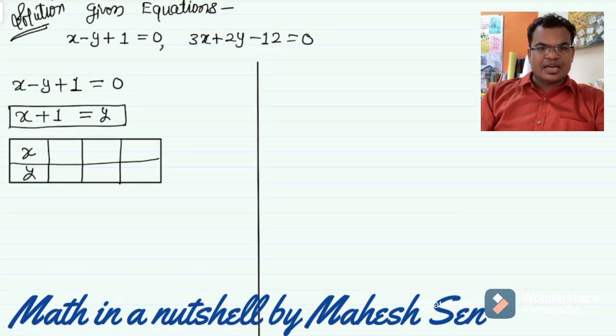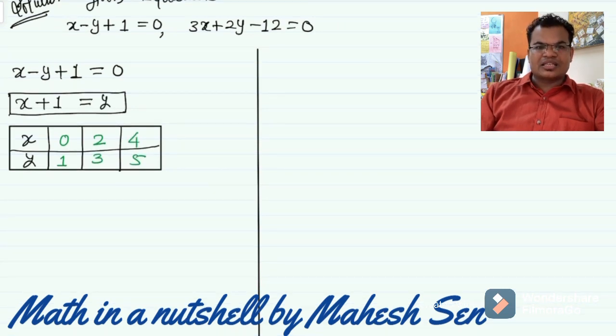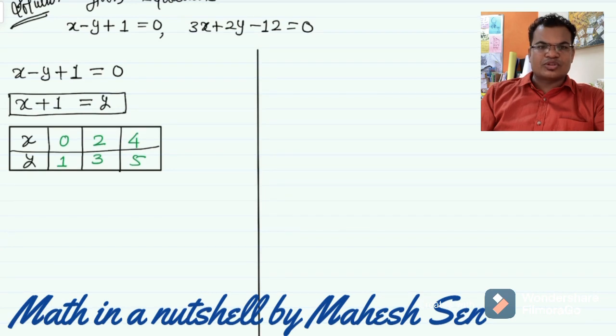I can put x as 0, 1, 2, anything. You can also do it on your own. I'm putting x as 0, so I'm getting y as 1. When x is 2, y is 3, and when x is 4, y is 5. You can solve this orally, guys, so I don't think you have any problem.